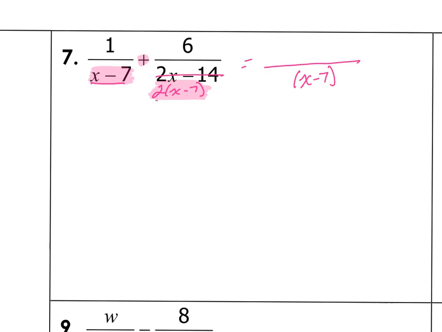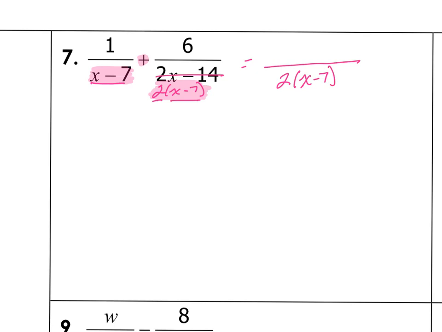This one has a 2 times x minus 7, and this one only has an x minus 7. So what do I need to add to it? Well, a 2. Now it has both things in it. So I'm going to erase this line here. Now my common denominator has everything that's in both denominators.